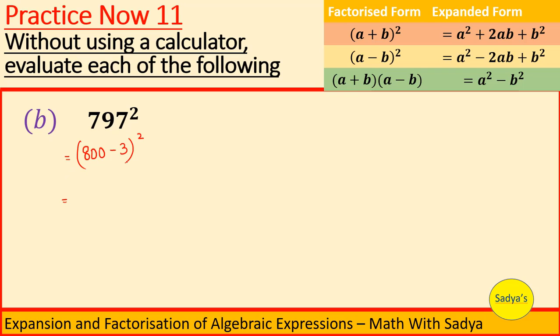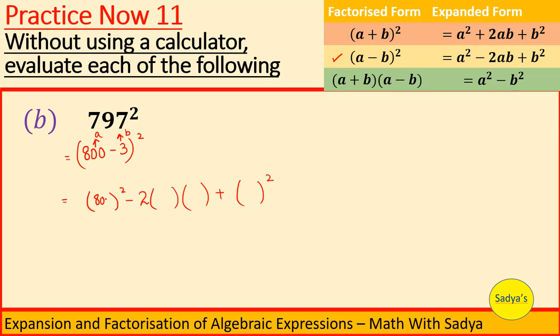If we compare this expression to the identities, we can see this is the factorized form of the second identity. So (a minus b) whole squared is equal to a squared minus 2ab plus b squared. Here a is 800 and b is 3.